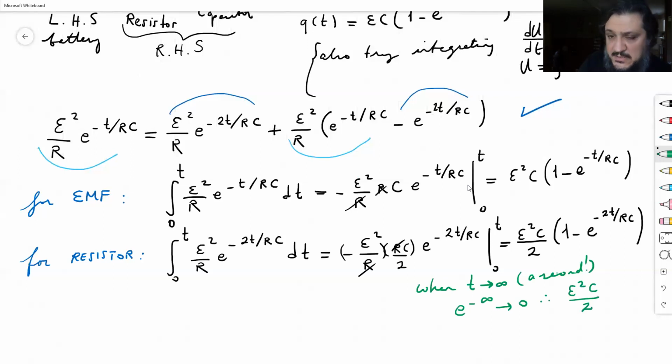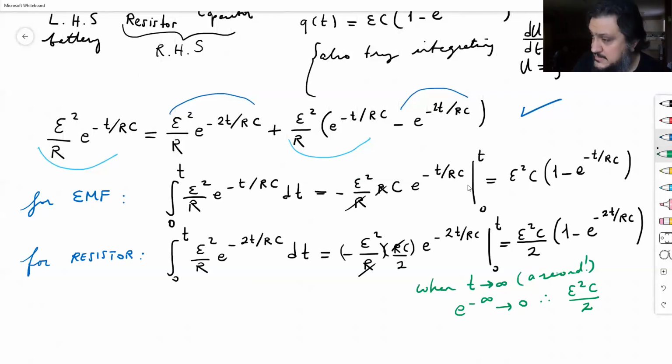You can use the same argument for the battery if you wait long enough. This is the energy you get, E squared C, which is twice this amount. So the energy that dissipates in the resistor, if you wait long enough, means the capacitor is fully charged, will give you only half of the energy. So half of the energy you get from the battery is just used to heat up the resistor, which leaves the other half. The second half would be stored in the capacitor.